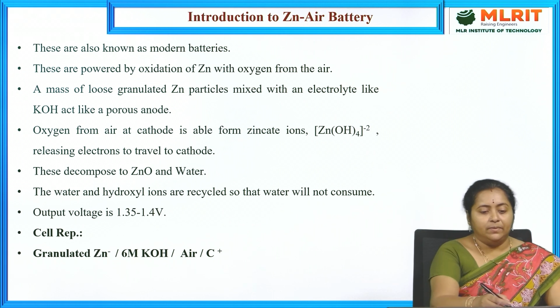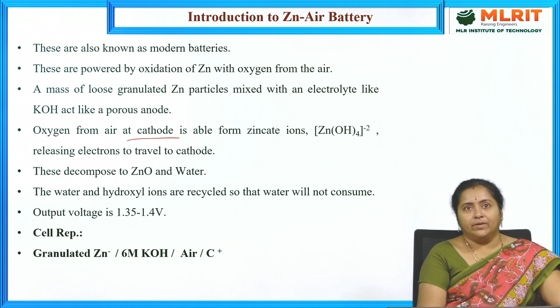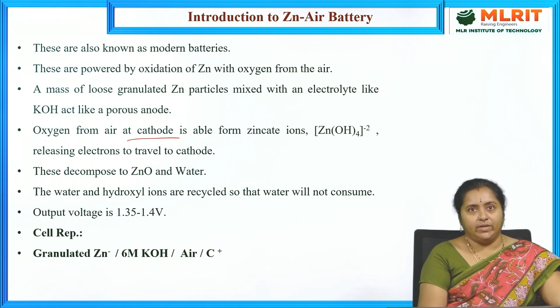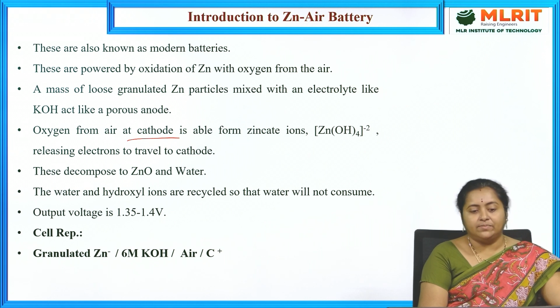Into the cathode carbon electrode, we allow the passage of atmospheric oxygen. It is absorbed by the cathode electrode. As it is a porous carbon electrode, it has the nature to absorb atmospheric oxygen. This atmospheric oxygen, as and when absorbed into the cathode chamber, combines with the electrolyte water molecules.